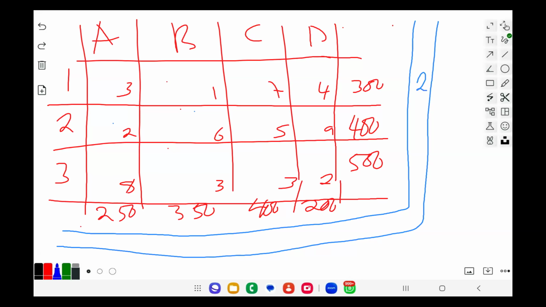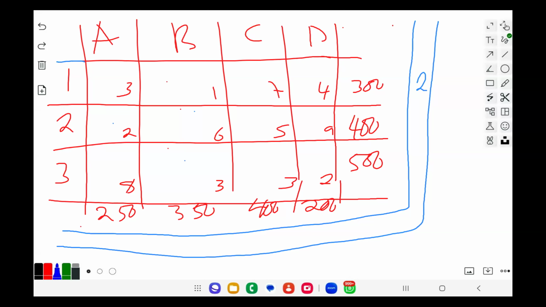You write 2 this side, in that row. You pick the minimum number and the next minimum number, then take the difference. We are looking at the entire row. We are in row 1 now.